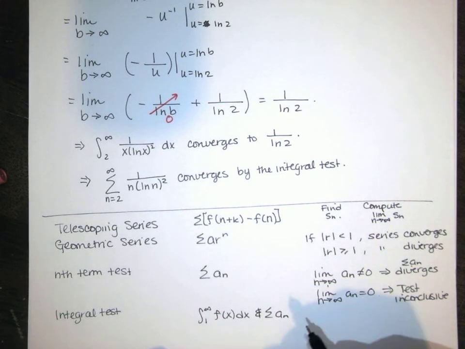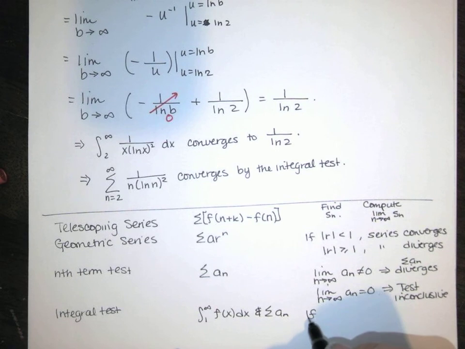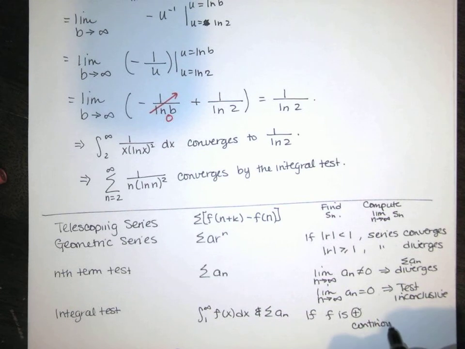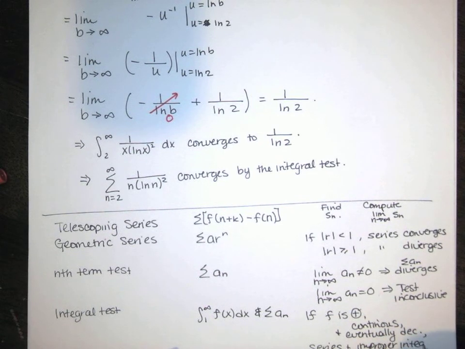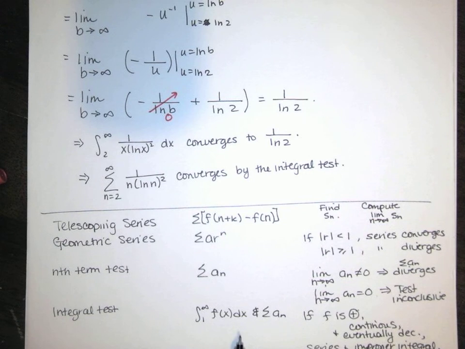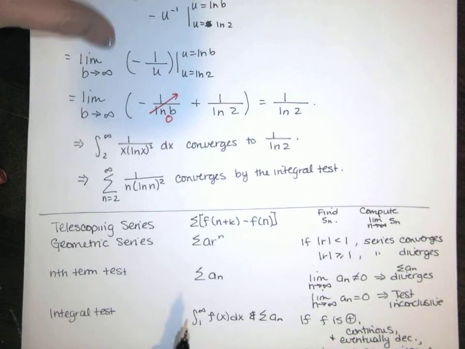If you have a bunch of properties that hold, if f is positive, continuous, and eventually decreasing, the series and the improper integral have the same behavior. So you just show this part, and then you evaluate this integral. If this converges, this converges. If this diverges, that diverges.